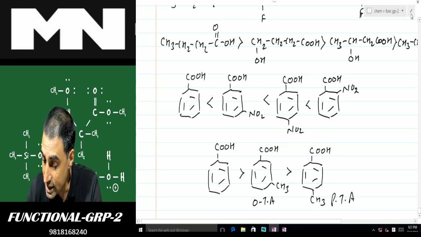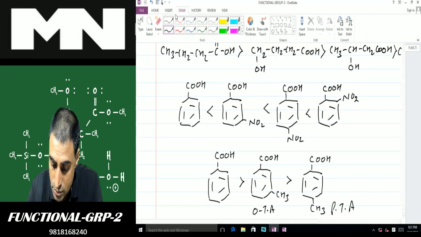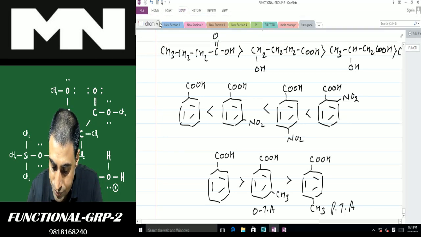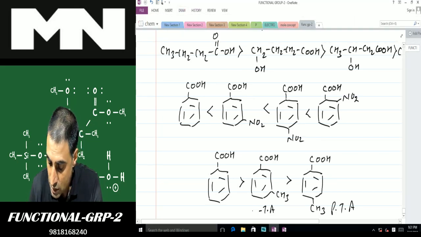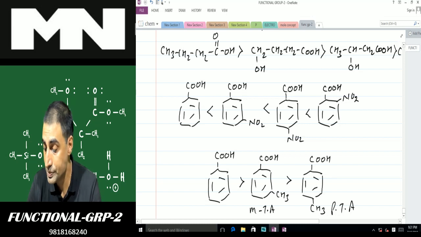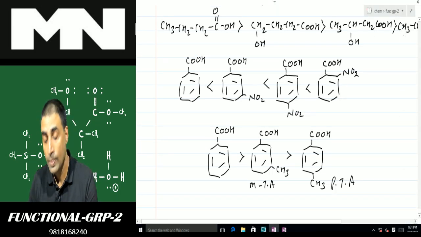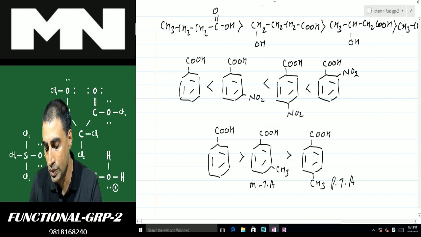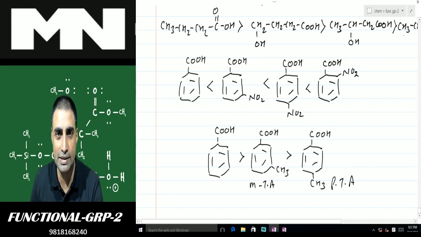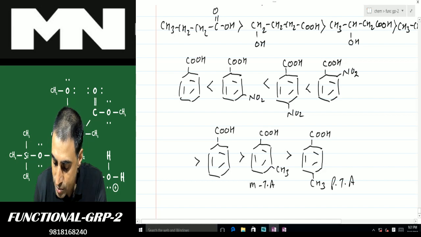This is meta-toluic acid. Meta-toluic acid is less acidic as compared to benzoic acid, and para-toluic acid is still less acidic as compared to meta-toluic acid. What about ortho-toluic acid? Well, ortho-toluic acid is more acidic than simple benzoic acid.